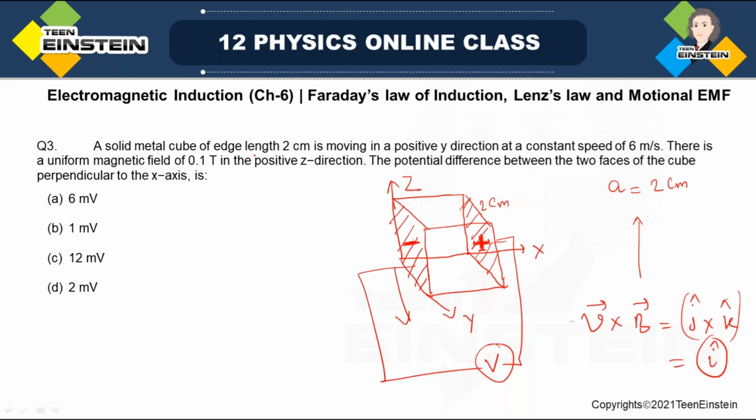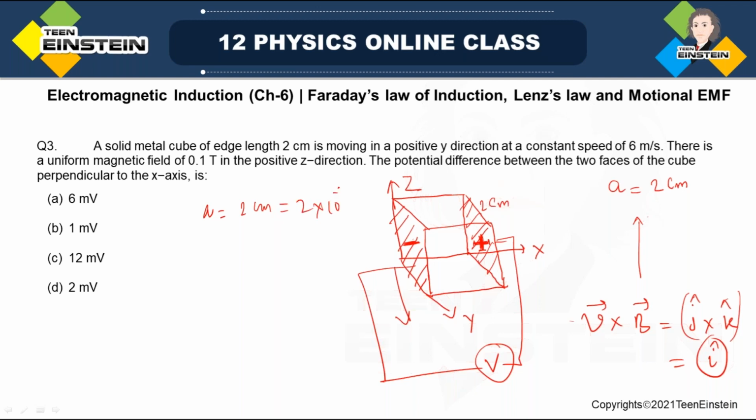This cube has side a of 2 centimeter, which means 2 into 10 to the power minus 2 meter.